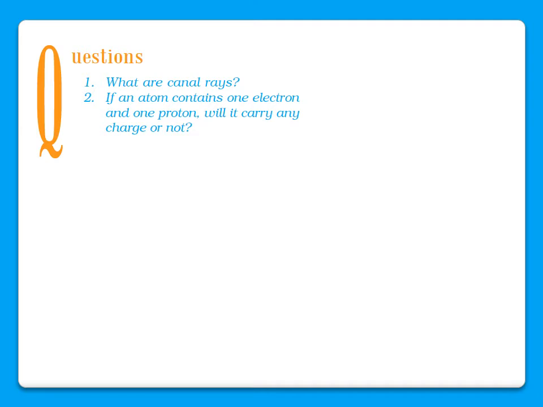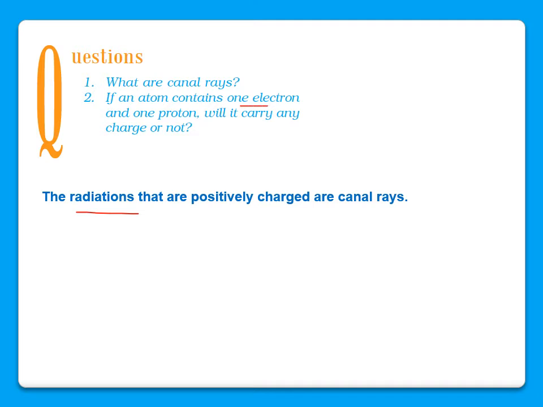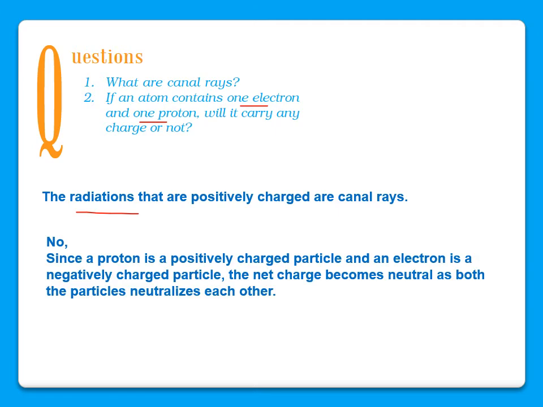The question number one is, what are canal rays? Canal rays are radiations. They are positively charged. The next question is, if an atom contains one electron and one proton, will it carry any charge or not? If an atom contains one electron and one proton, then it will not carry any charge. Why? Because proton is a positively charged particle and electron is a negatively charged particle.